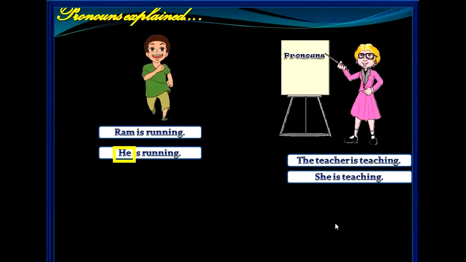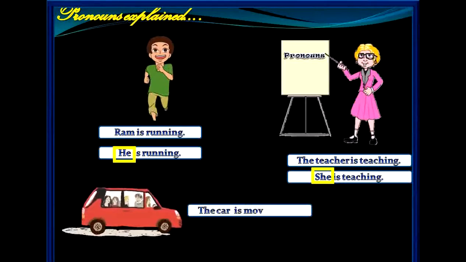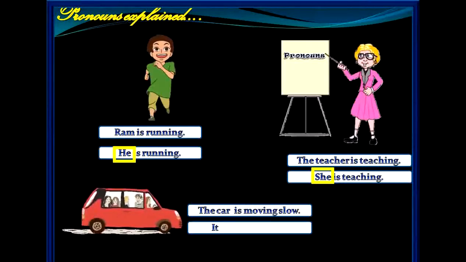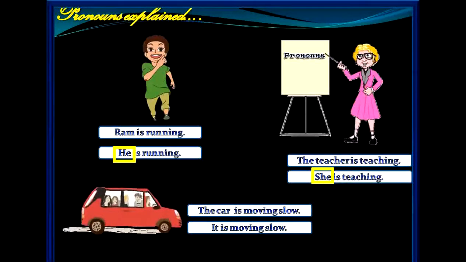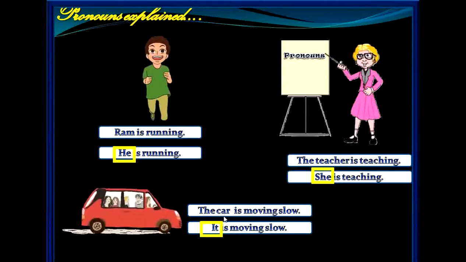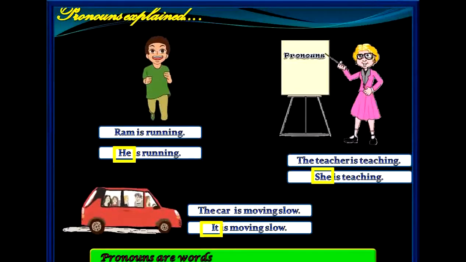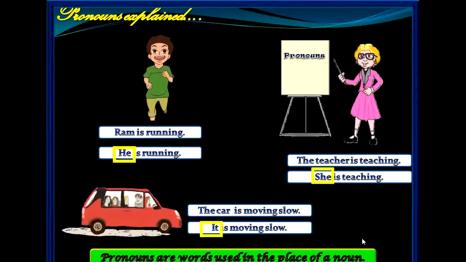The next example is that of a car. And the sentence given here is, the car is moving slow. The same sentence can be rewritten as, it is moving slow. So the pronoun it is used to replace the noun car. So pronouns are words used in the place of a noun.